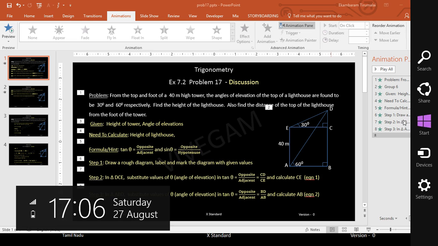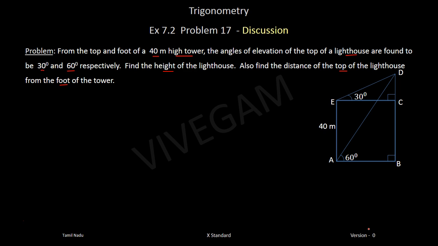Am I right? Please check it out here. It says from the top and the foot of the 40-meter high tower, the angle of elevation of the top of the lighthouse. So from here and from here, you are observing the top of the lighthouse and the angle of elevation is 60 degrees and 30 degrees.